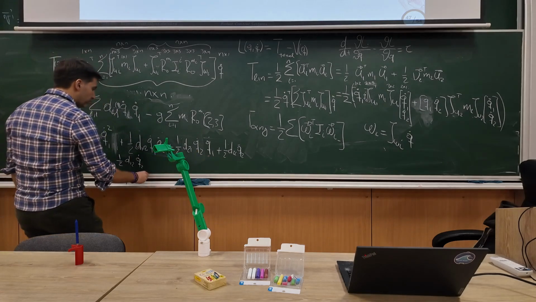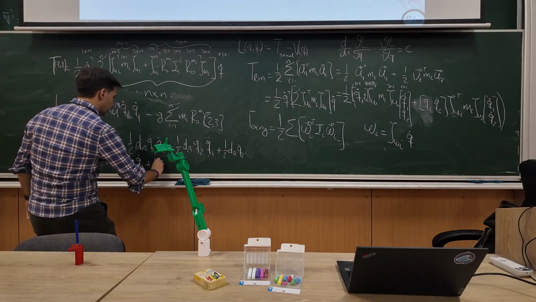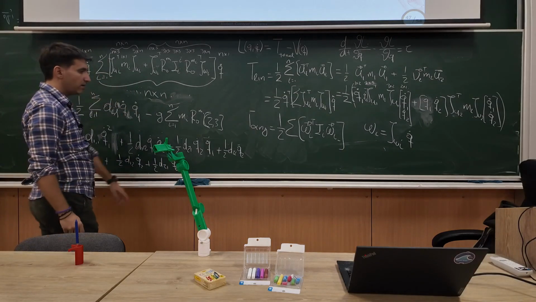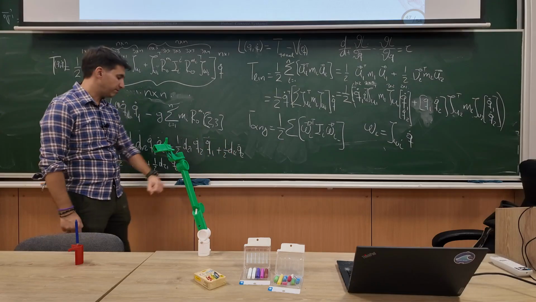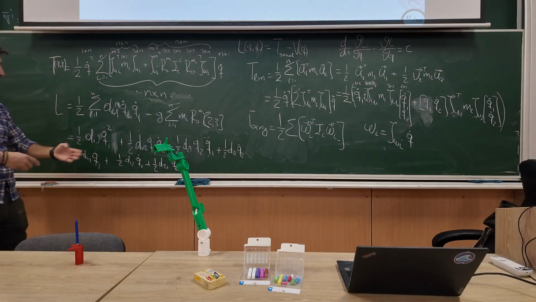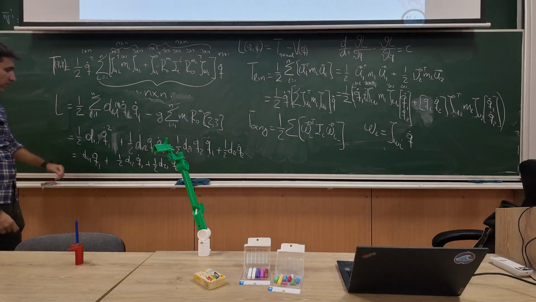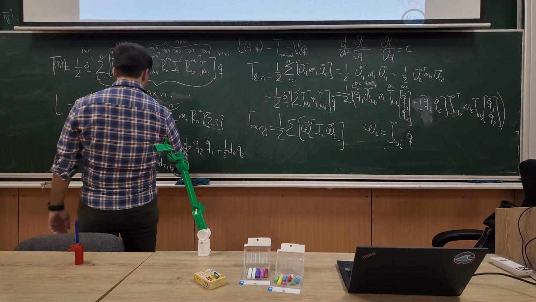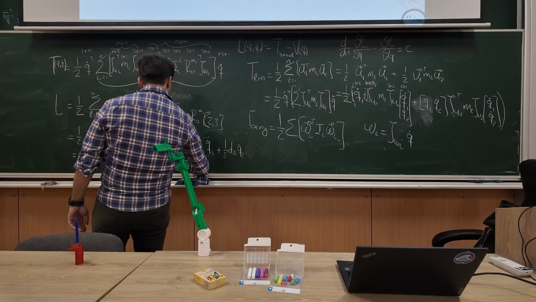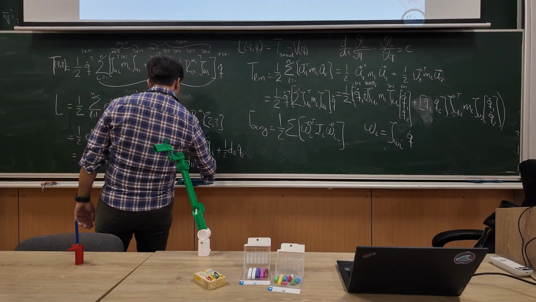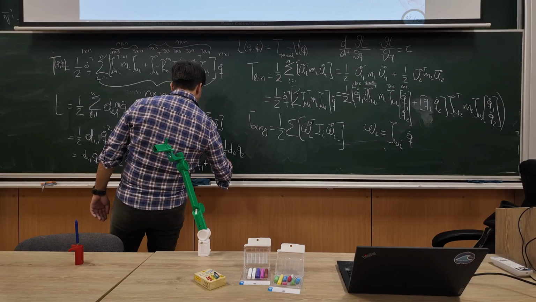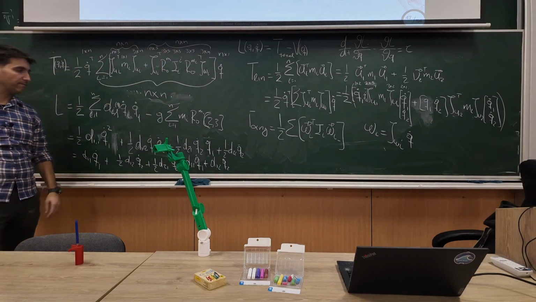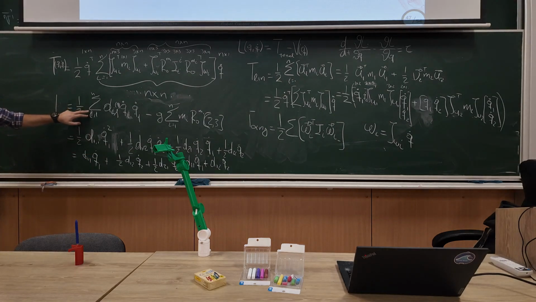And another 1 over 2 D21 Q2 dot, right? And this will be 0 because I derive with Q1, right? D12 and D21, they're the same because they're diagonal. So I will have basically D11 Q1 dot plus D12 Q2 dot, which is what we have on the screen. Yeah, I made a mistake here.